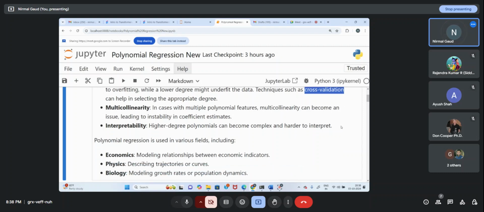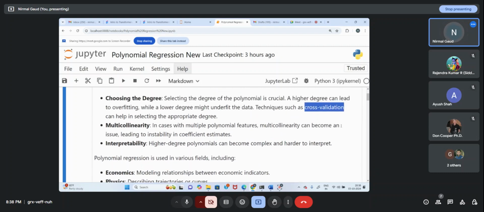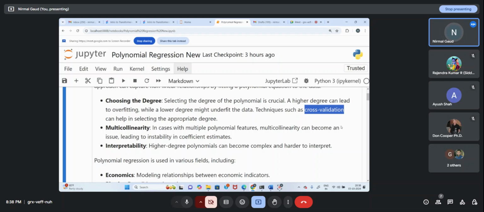However, in this particular example which I am giving you, I will be putting a degree n equal to 2 to show you how it works. In cases of multiple polynomial features, multicollinearity may exist. That is an issue.